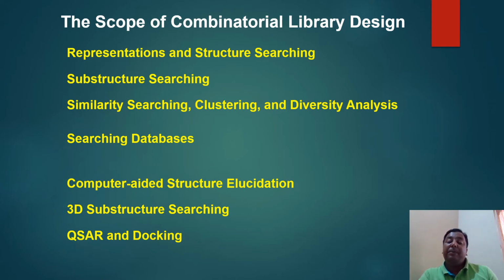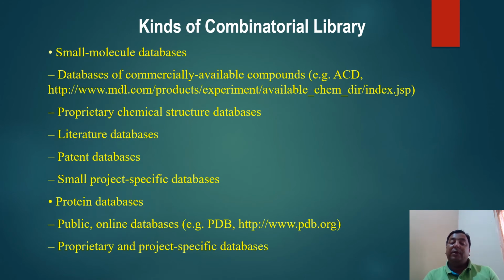So if we get those types of information on one platform, that will be useful for researchers and pharmaceutical people. Regarding kinds of chemical libraries, we have already explored DrugBank, PubChem, and the ZINC databases, and many more, for small molecules. Even for big molecules, we have explored the Protein Data Bank and Nucleic Acid Data Bank and many more.